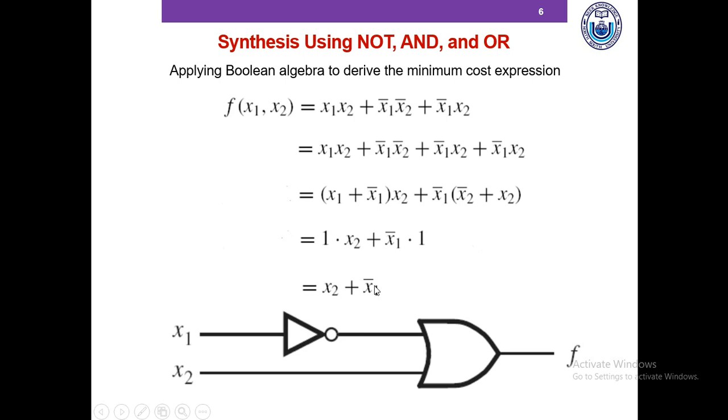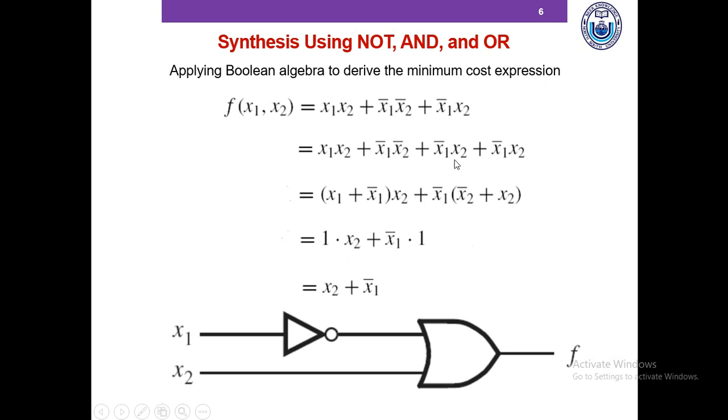If we apply Boolean algebra to the original expression, which is the sum of the minterms, this is minterm 0, this is minterm 3, sorry, this is minterm 1. If we apply Boolean algebra's axioms and theorems, we can reduce the size of the expression and end up with a smaller and more cost-efficient circuit.